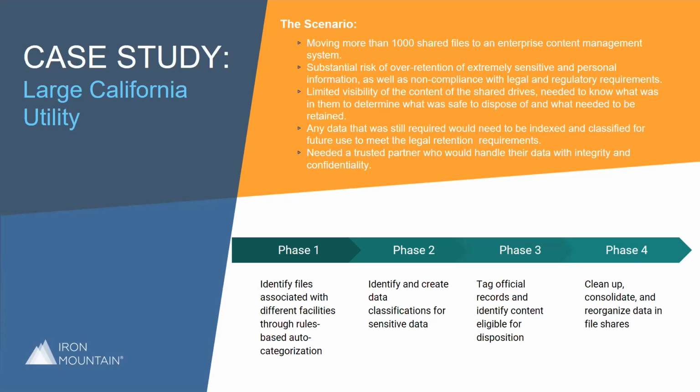Once we had identified, we could then tag any official records and identify what of that content was eligible for disposition and could be removed from the data set completely.